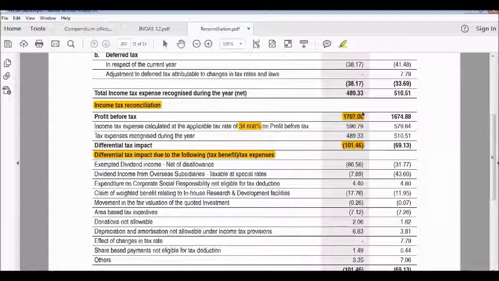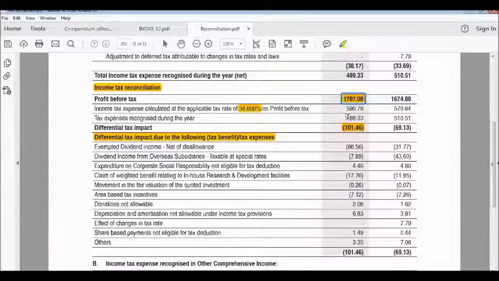So profit before tax multiplied by the rate will be 590.79, and the tax expense recognized during the year by the company was 489.33. So the difference between these two, accounting profit multiplied by tax rate, 590.79, minus the current tax, is 101.49. So this is the difference. So now the reconciliation would be like this. So these are the items due to which there is a difference of 101.46.